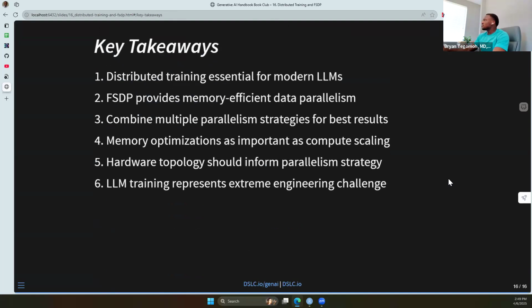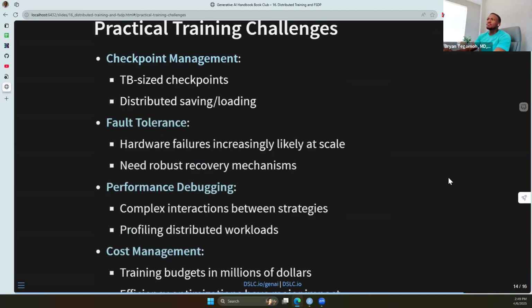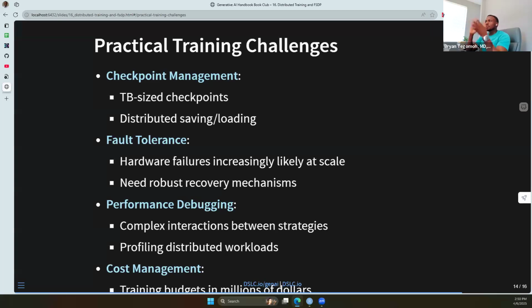So training large language models is a major engineering challenge, because you have to take all of these different elements into consideration when building and also thinking about maintaining these different infrastructures.